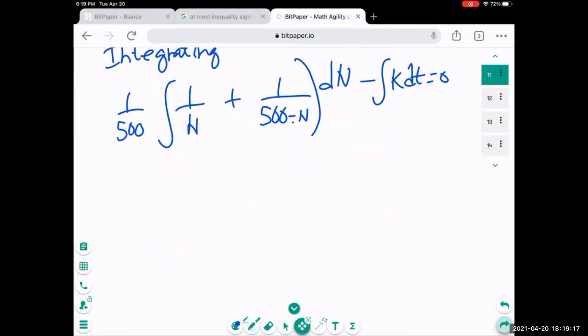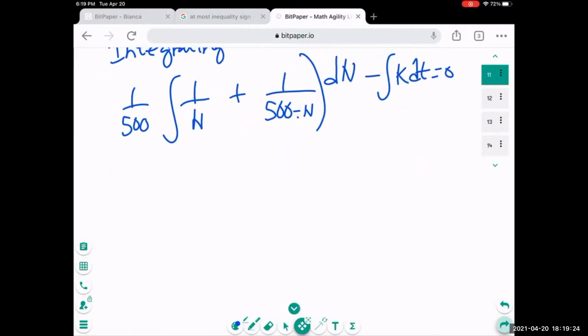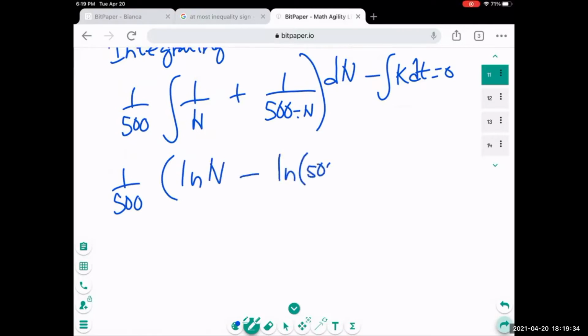So this would mean 1 over 500 ln of capital N minus ln of 500 minus n. Later on you will distribute 1 over 500 to both the quantities here.